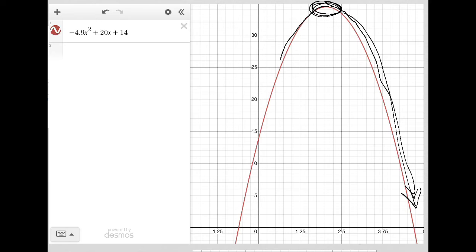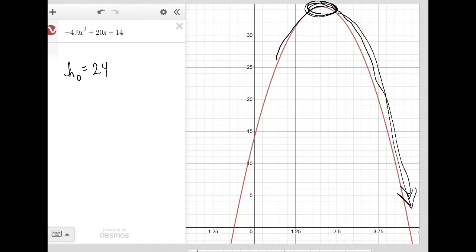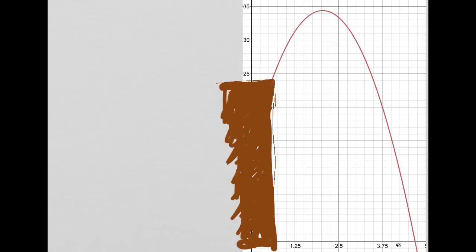Let's not forget what's given to us, the initial height. Our initial height is 24 meters high, which happens to take place about right here. So we have somewhat of a cliff. Here is a rough picture of what a cliff might look like, 24 meters high.